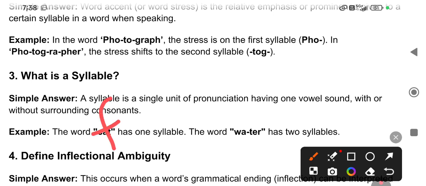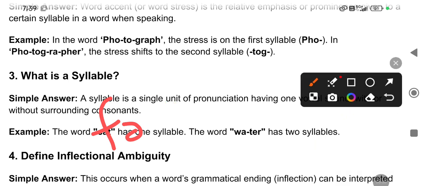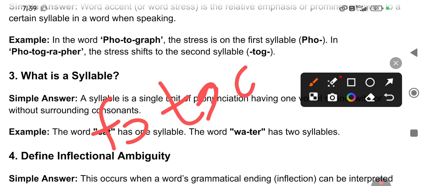Photography, sorry, it's not like that. Wait a minute. Photographer. Photo, graphy, photography, right?